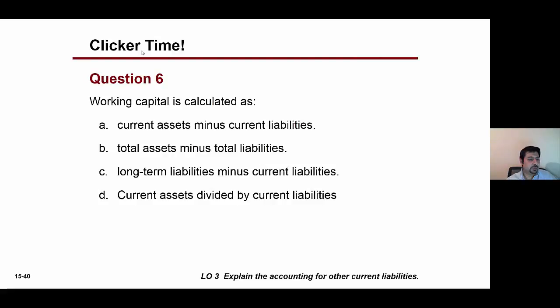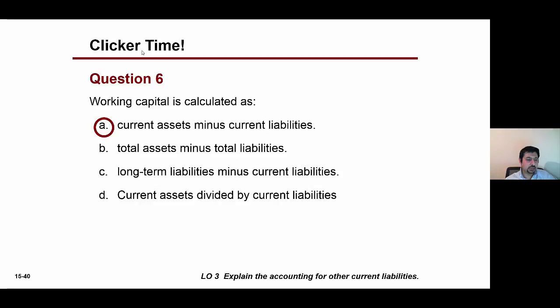Again, as a quick reminder, how do we calculate working capital? Is it current assets minus current liabilities, total assets minus total liabilities, long-term liabilities minus current liabilities, or current assets divided by current liabilities? And the answer is current assets minus current liabilities.